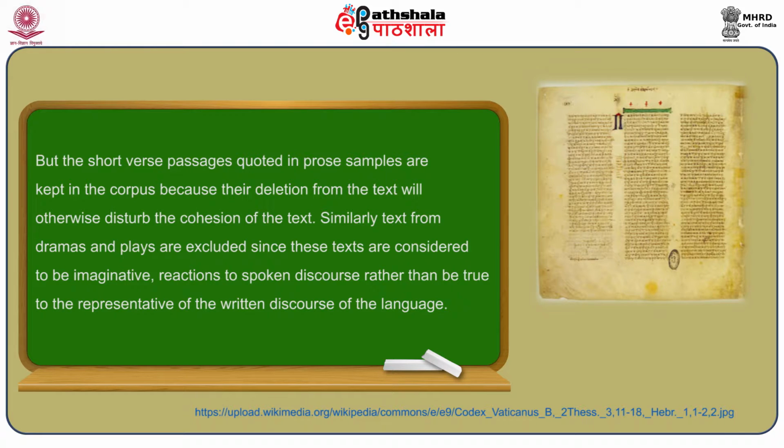Similarly, texts from dramas and plays are excluded since these texts are considered to be imaginative reactions to spoken discourse rather than being truly representative of the written discourse of the language.